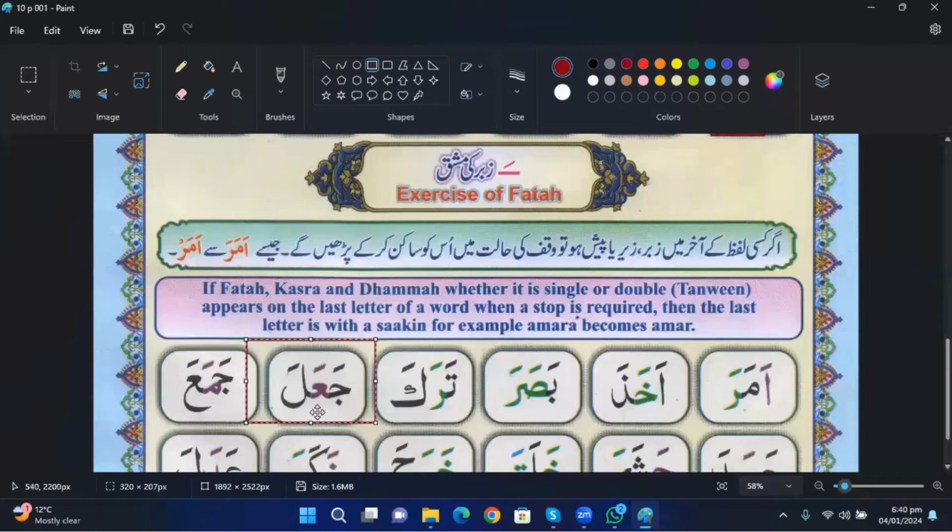Once they learn how to join the letters, by the end of this qaida they will be able to understand the stopping signs, where they will do the stop. Even in their revision they will get this point. Just focus on how they join the letters one by one, so they have good skill to join the letters one by one and convert them into full words.